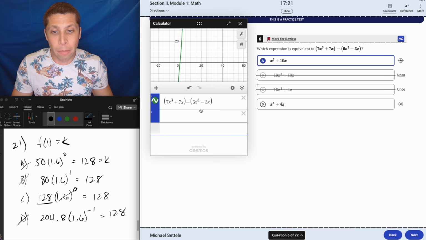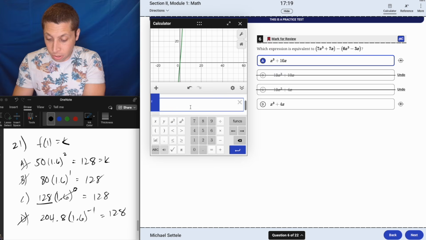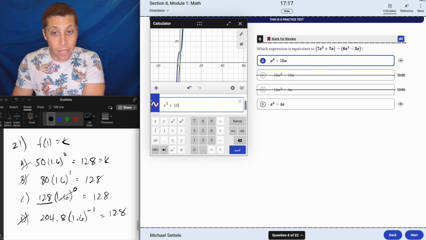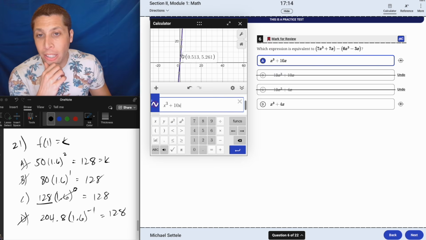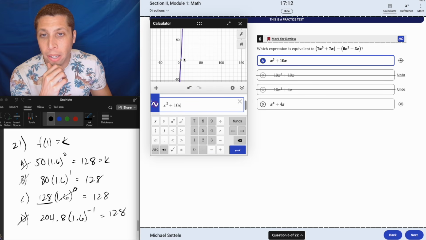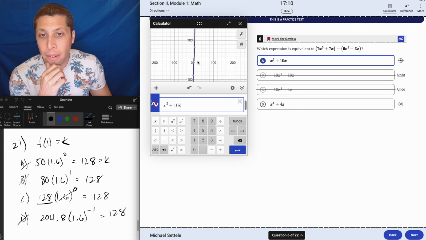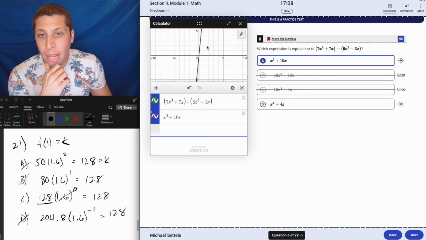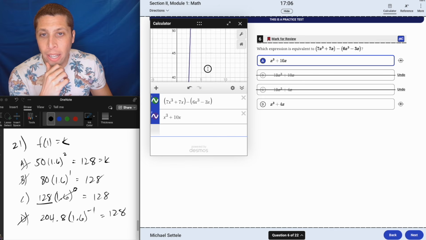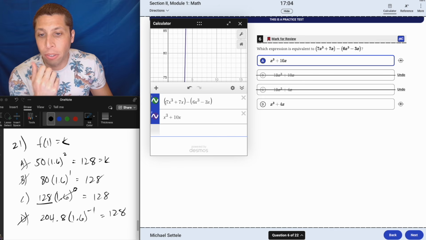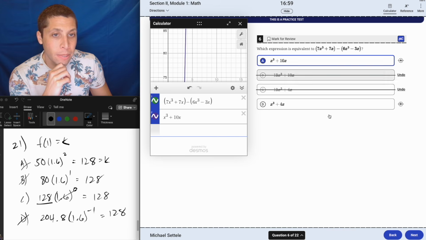I don't even know what it looks like, but let's see if x to the third plus 10x looks the same. Yeah, you can just tell. It's giving me all these little points because it's showing where they intersect. It's annoying that you kind of just have to look at it. But yeah, you can tell they're the same, right? If I took this off, it's overlapping. So yeah, good.